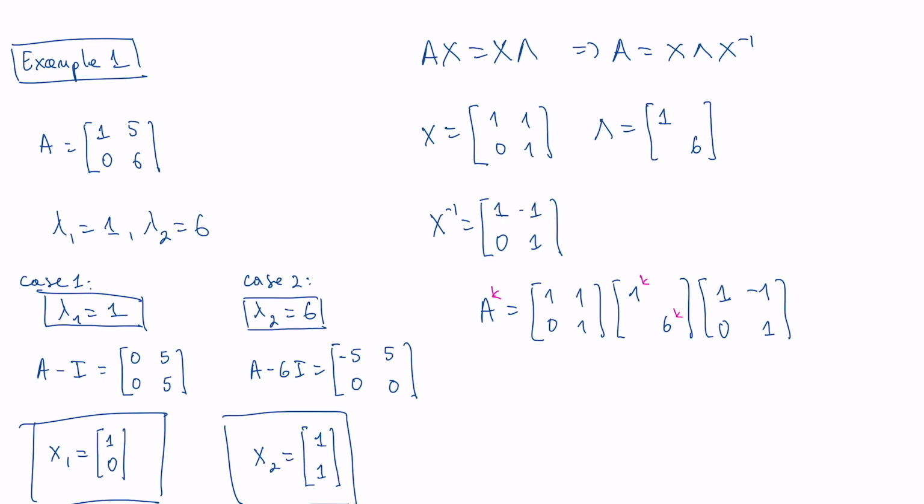So A inverse is 1, 1, 0, 1 times 1 over 1, which is 1, but then I have a sixth instead of the 6 because I have to take the reciprocals. That is the inverse of a diagonal matrix. And this is how I can find the inverse.